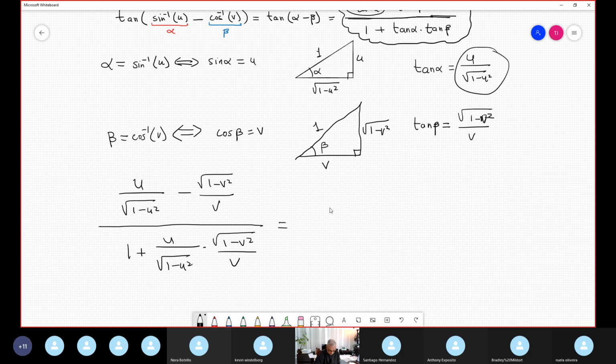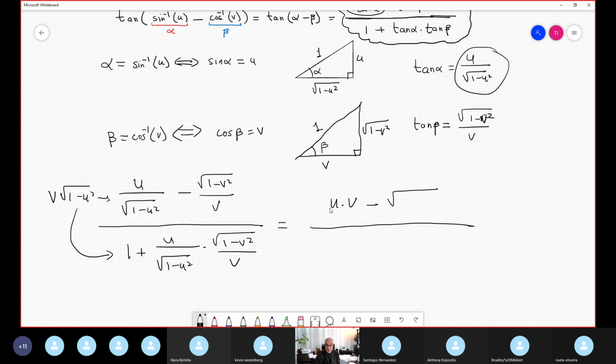However, let me try to do one transformation in order to make it more elegant. This is the cosmetic part. If you multiply top and bottom by b radical 1 minus u squared, it's obvious, multiply this and this by the same, doesn't affect it, no? It's ub, because this radical and this radical cancel. In this case, the b cancels, only the b. This is minus radical 1 minus u squared times radical 1 minus b squared.